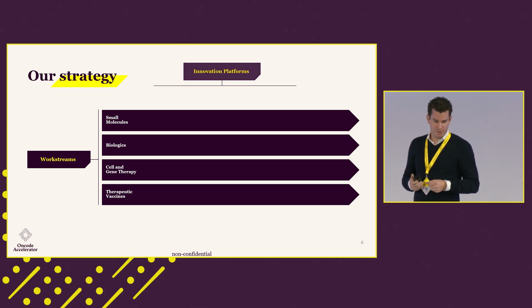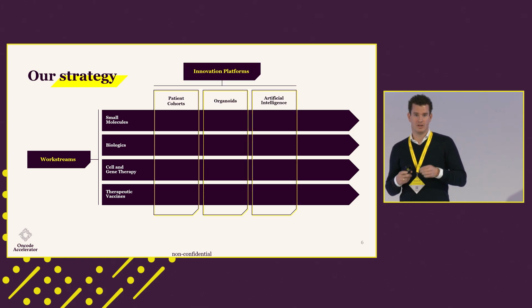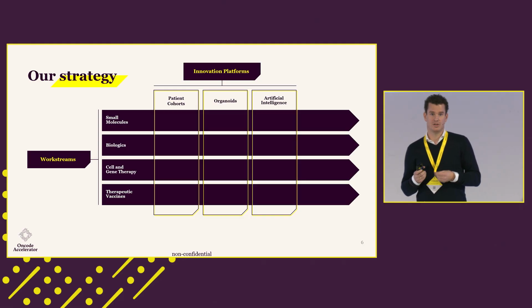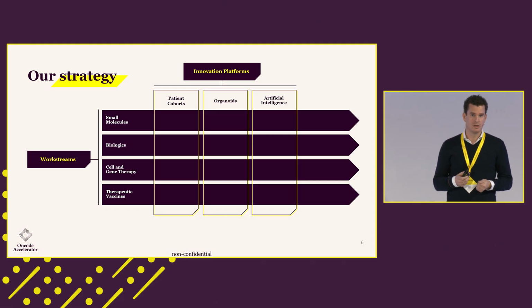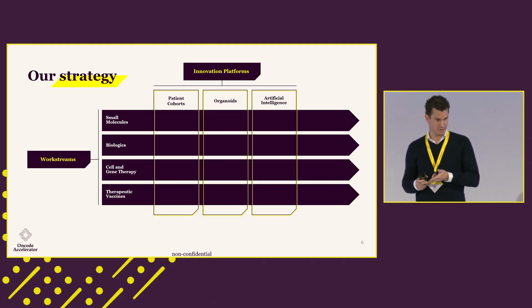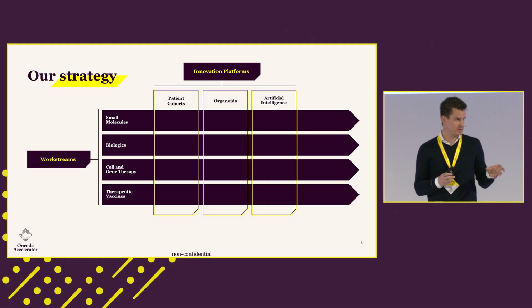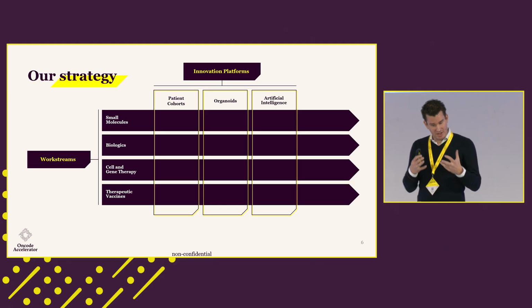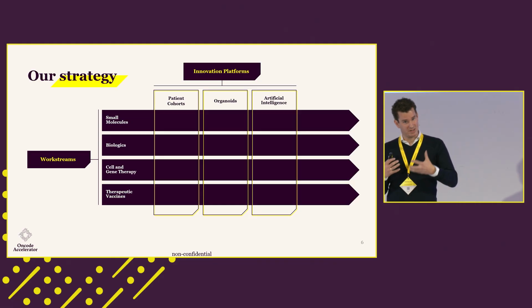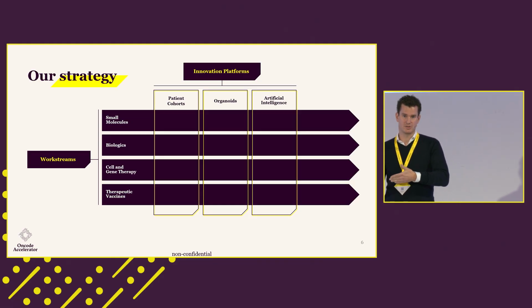On top of those work streams, we have 3 so-called innovation platforms. Those innovation platforms are patient cohorts, organoids, and artificial intelligence. And again, 3 separate consortia with different public and private partners. So now we have this nice matrix. But where does it come together? Where do these work streams and platforms come together?